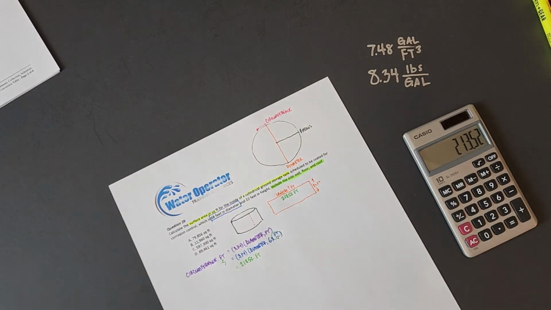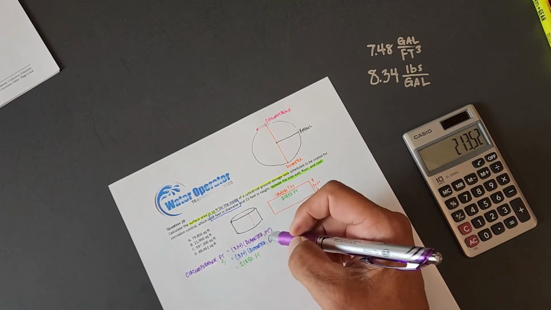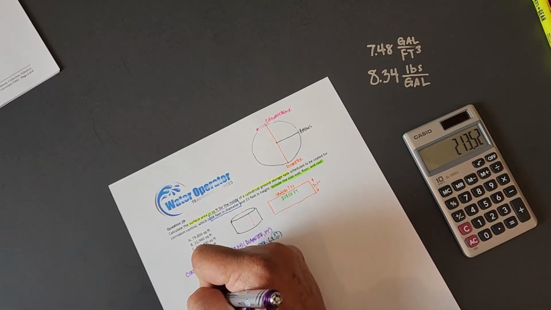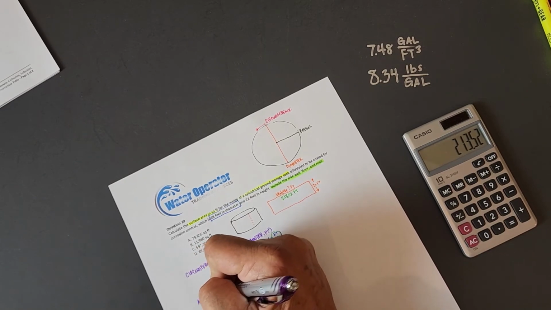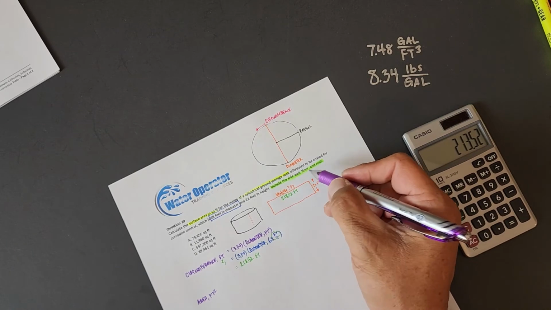So we want to figure the area. So let's start with area in square feet, and we want the sidewall.